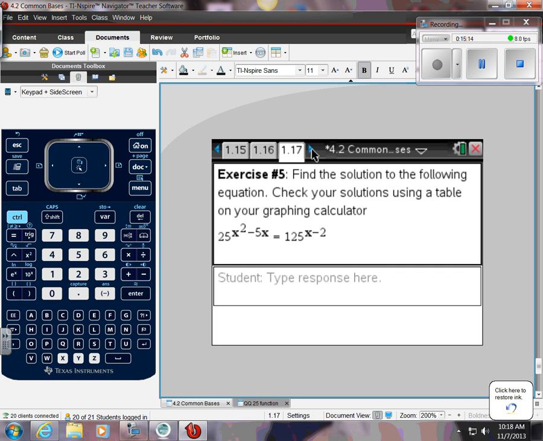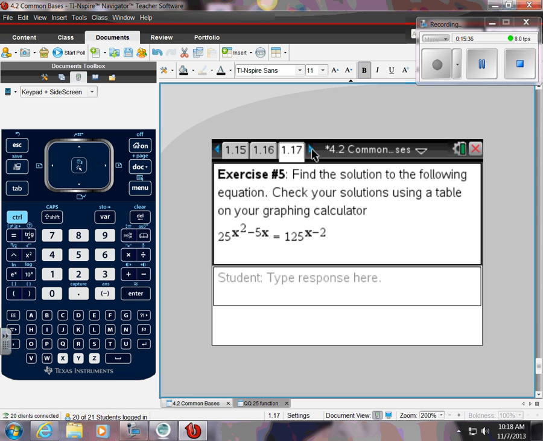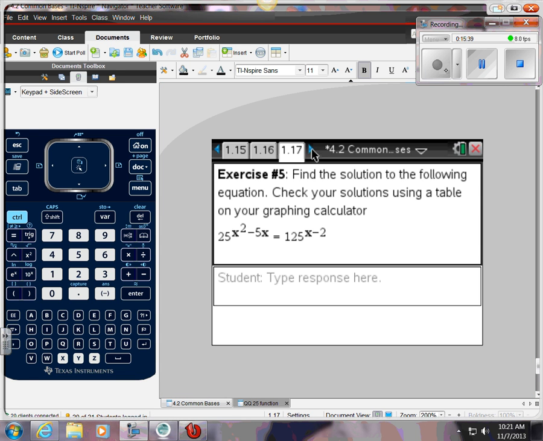Skip ahead to exercise number 5, please. We're skipping exercise 4 and going to 5. Common base, 5. 5 raised to 2 raised to the x squared minus 5x equals 5 to the third raised to x minus 2.